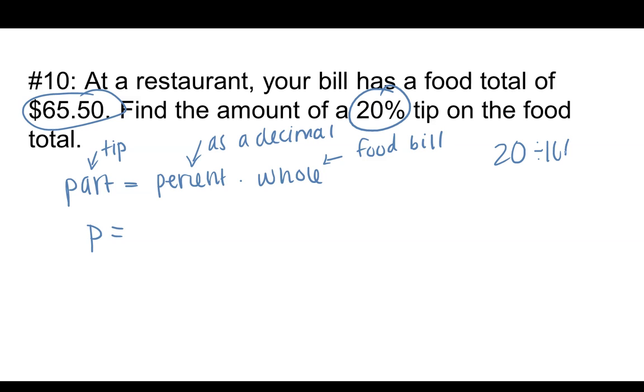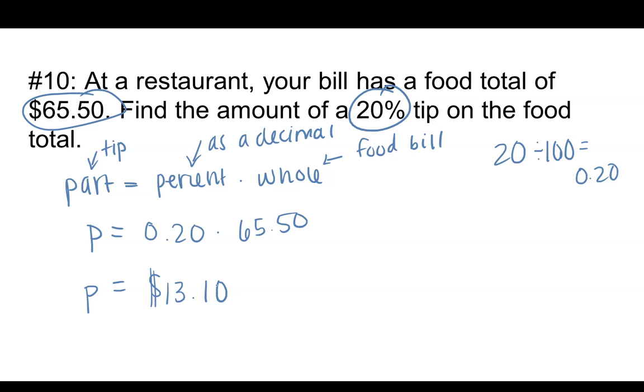So we're going to divide it by 100, and that's going to give us 0.20. So 0.20 times the whole, which is 65.50. To find the tip, we just multiply those together, 0.20 times 65.50, and that'll give me $13.10. So that is how much I would tip by using the percent equation.